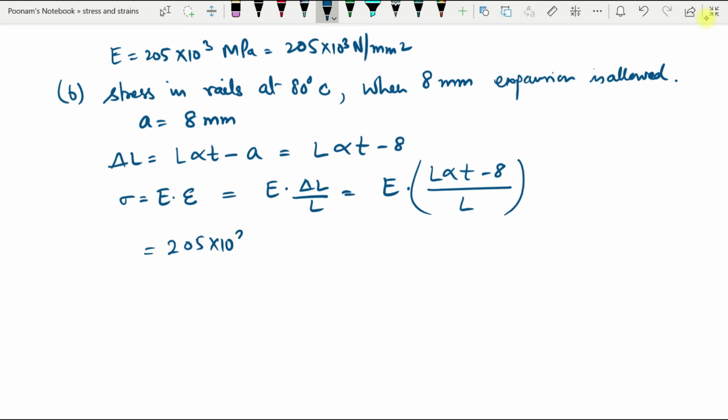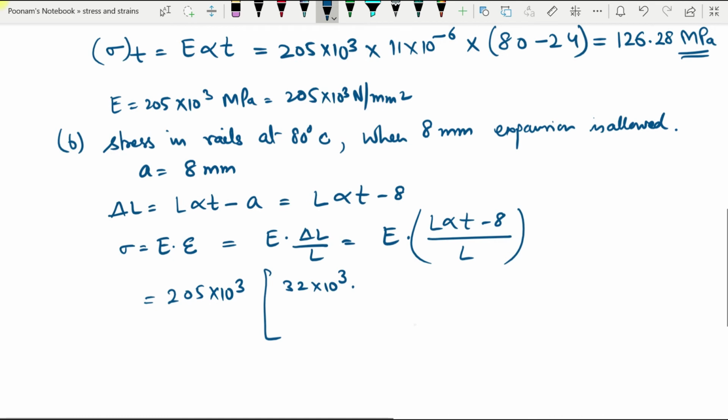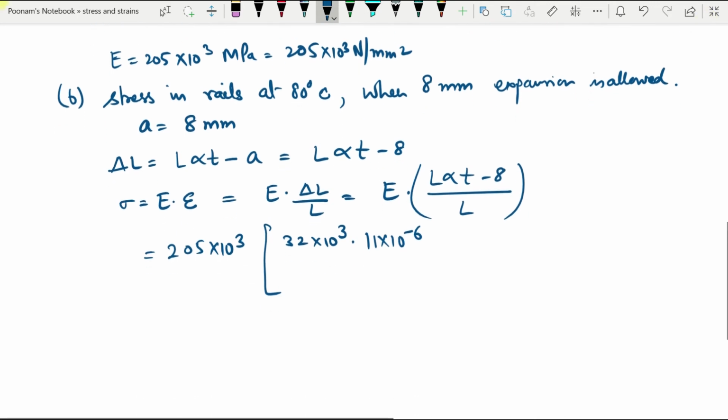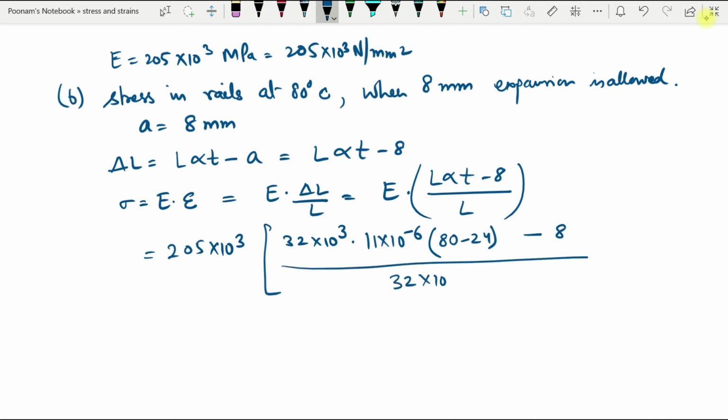So I can substitute the various values. 205 into 10 to the power 3 is my Young's modulus. L is the length of rails. So 32 into 10 to the power 3 mm into alpha. Alpha is 11 into 10 to the power minus 6 into change in temperature is 80 minus 24 minus 8 divided by 32 into 10 to the power 3.